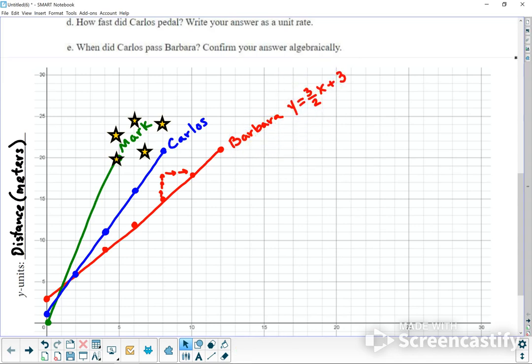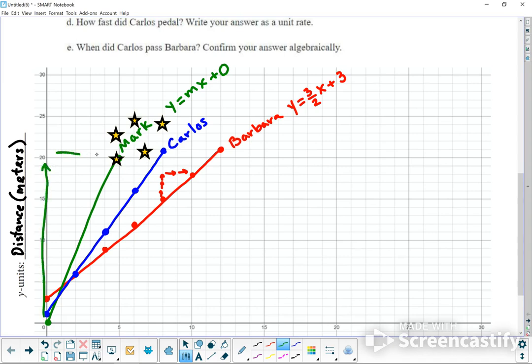Here, I'll put it right here. Okay, Mark, he's green. So Mark would be y equals mx plus b again, just like how Barbara started out. Okay, Mark, it looks like his b, he starts at 0. So you can say mx plus 0, or you could just leave it out. Okay, and Mark, we don't know what happens in between, but we do know he finishes 20 meters in 5 seconds. So our rate of change for Mark would be up 20 and over 5.